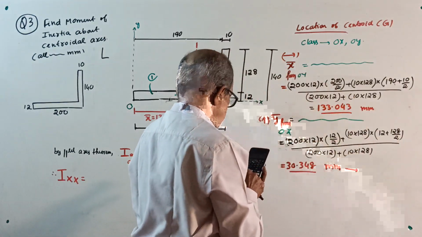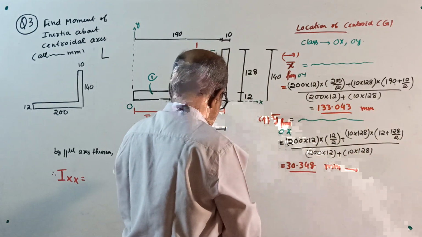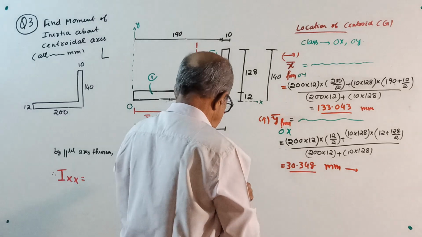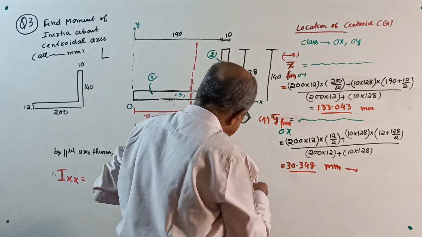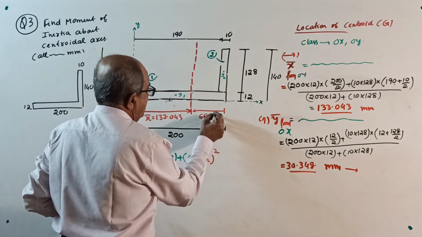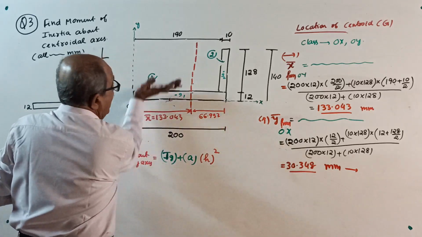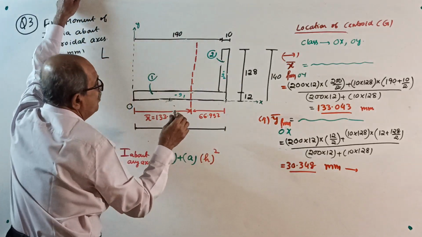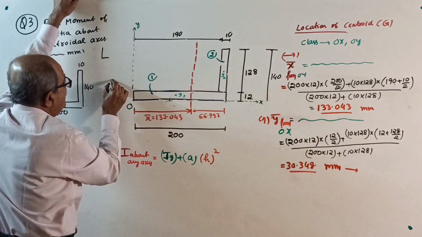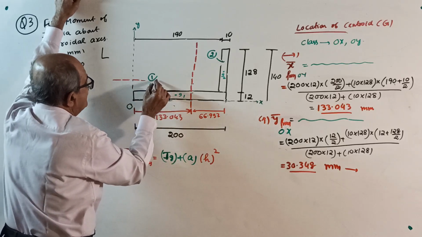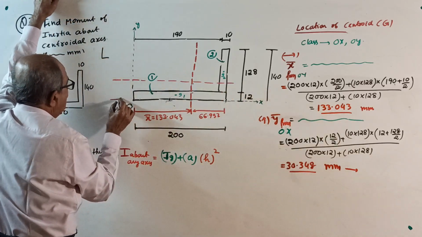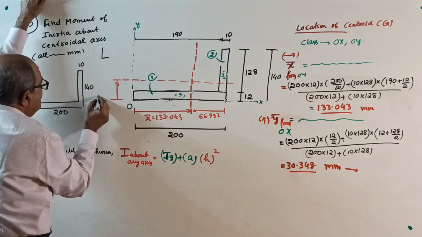From 200 minus 133.043 is 66.957. Okay. Y bar we got 30.348. See, 12, but up to here is much more, somewhere here. From here to here is your y bar.